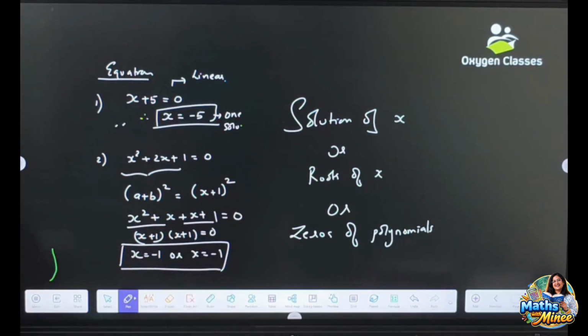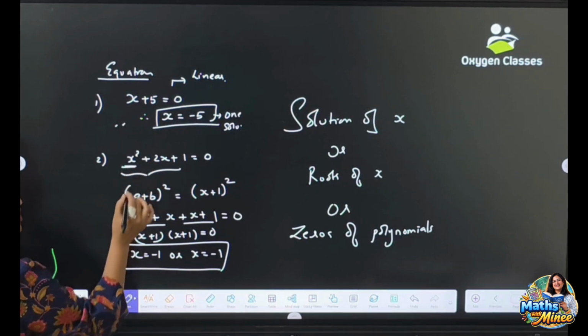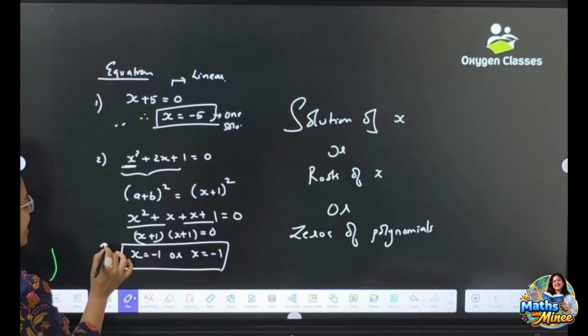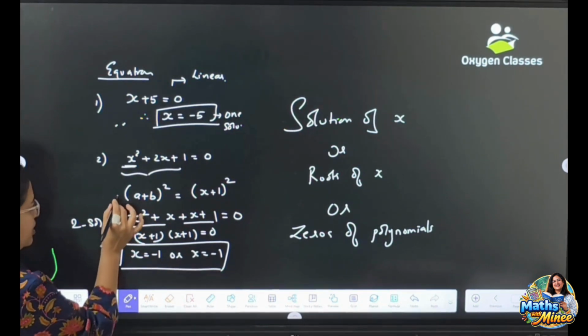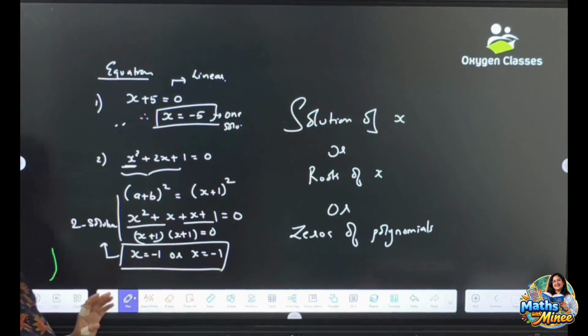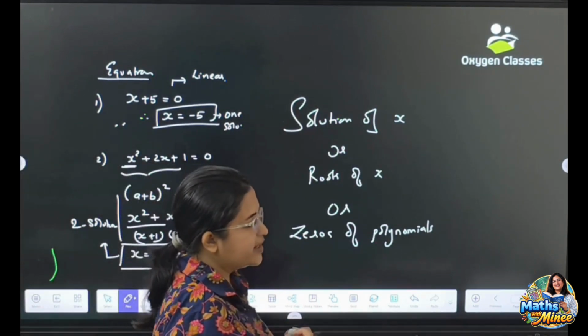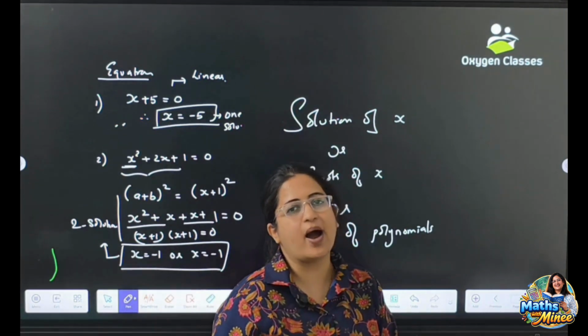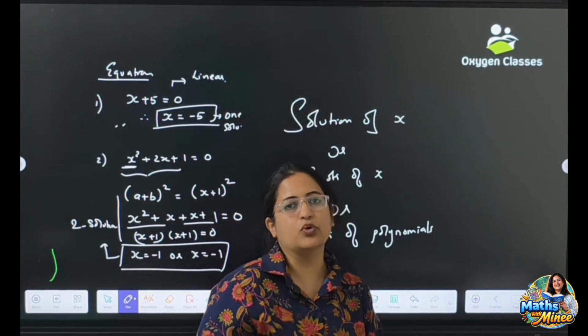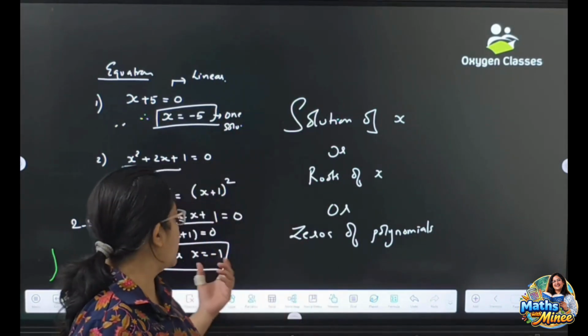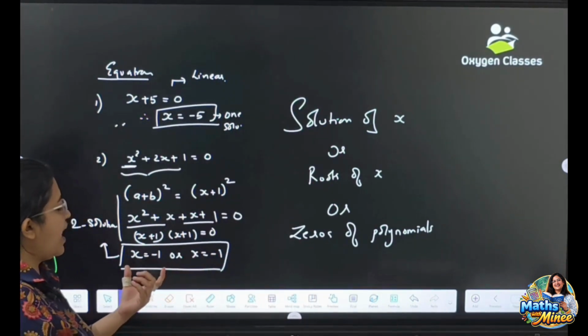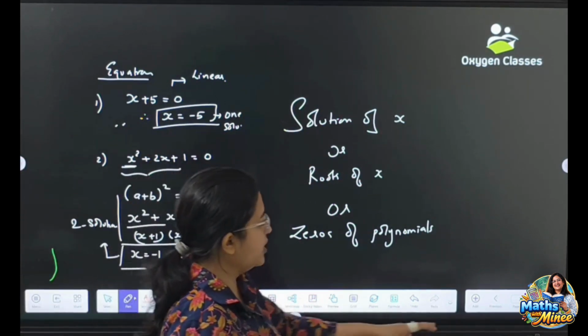If it is a quadratic equation, you will always have two solutions. Now just see, once you get a solution, suppose you need to identify the sum or the product of the roots or the zeros, are we getting the same or not?